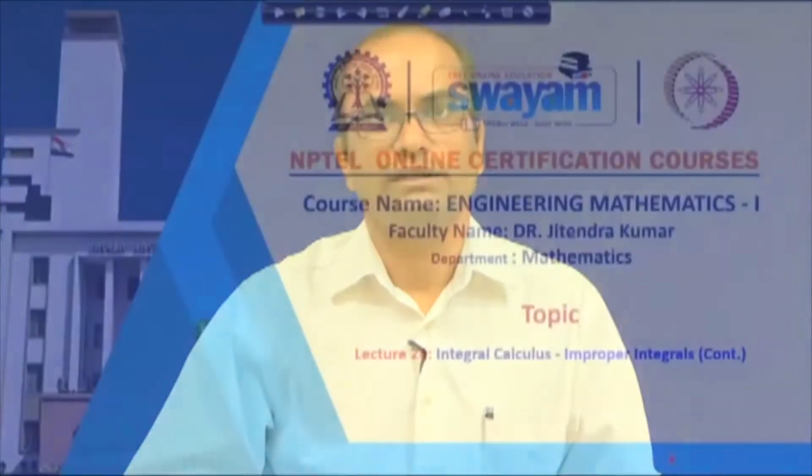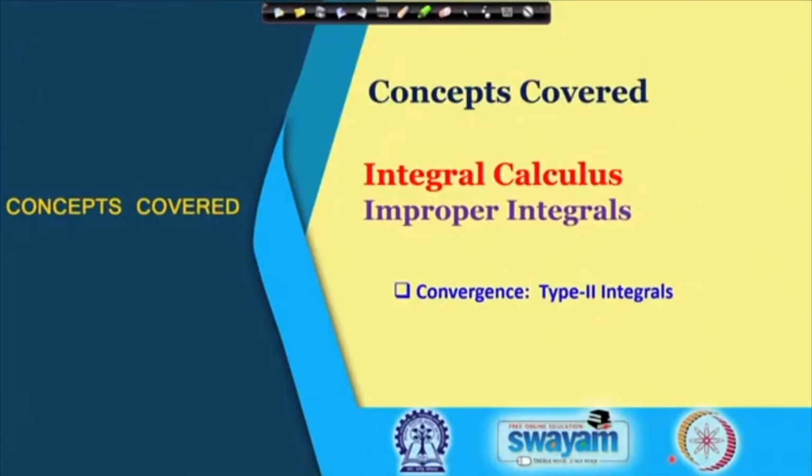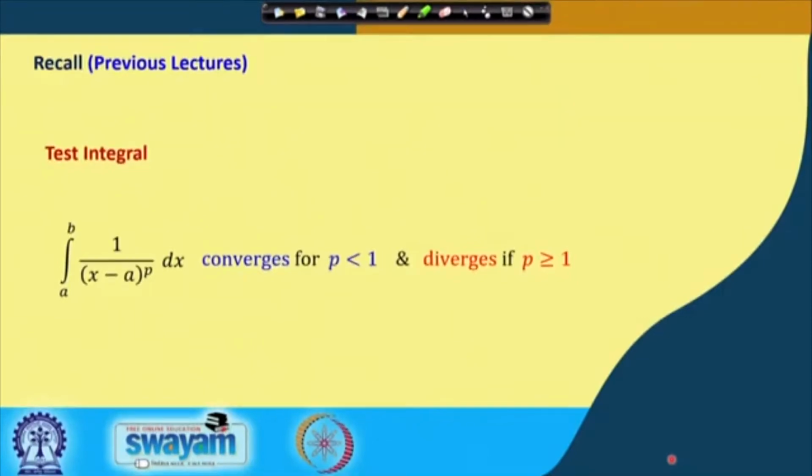Welcome to the lectures on Engineering Mathematics 1, and this is lecture number 24, and we will be talking about improper integrals. In particular, we will discuss today the convergence of improper integrals of type 2. In the last lecture we have seen this test integral, the integral from a to b of 1 over (x minus a) to the power p.